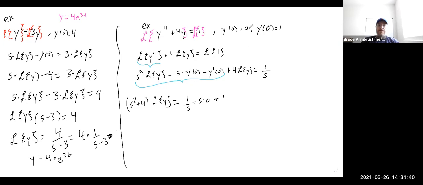So I'm just putting in my initial conditions in here. So then that tells me the Laplace transform of y is going to equal, if I get a common denominator here, 1 plus s over s times s squared plus 4.